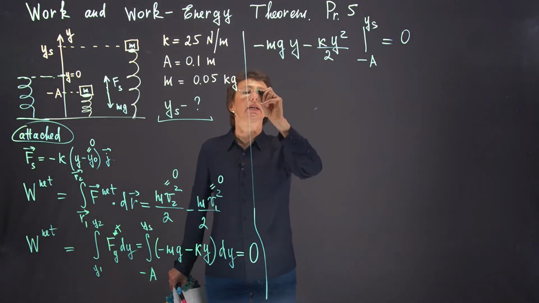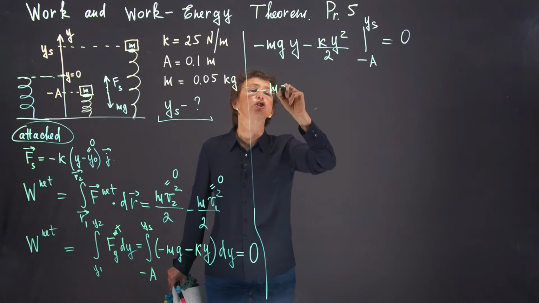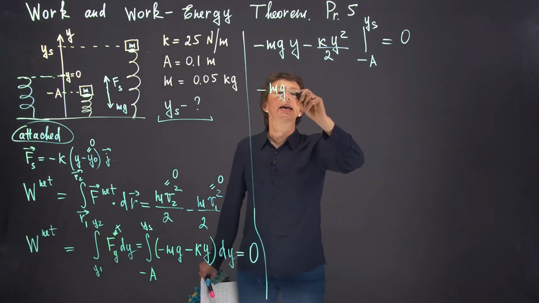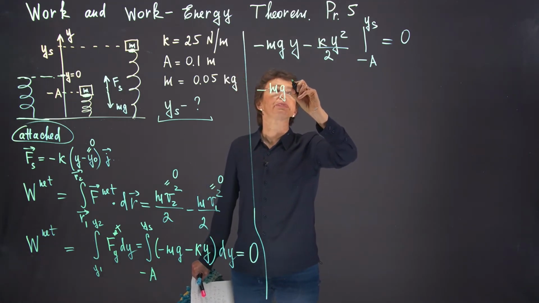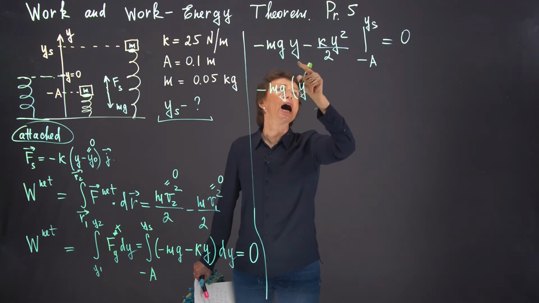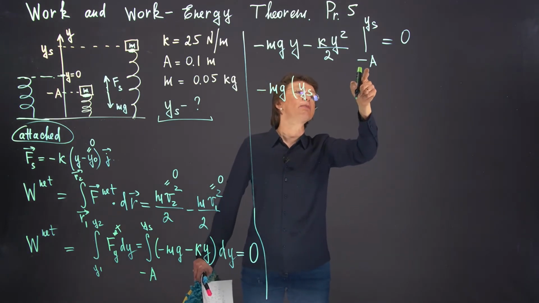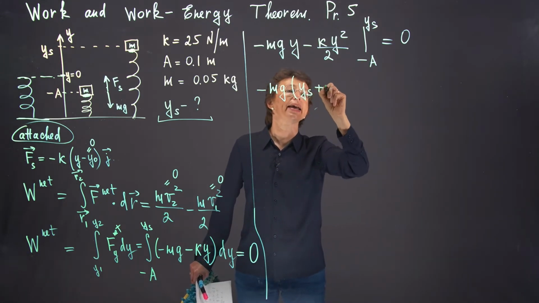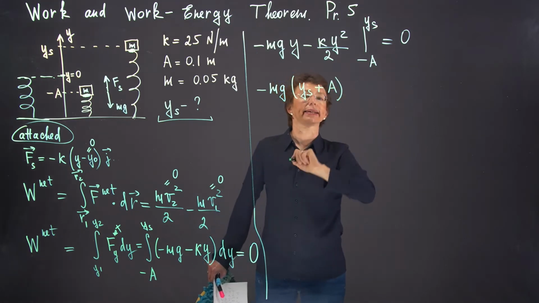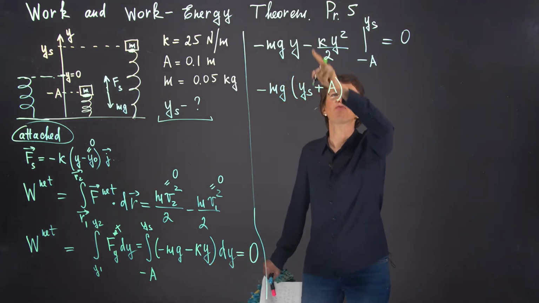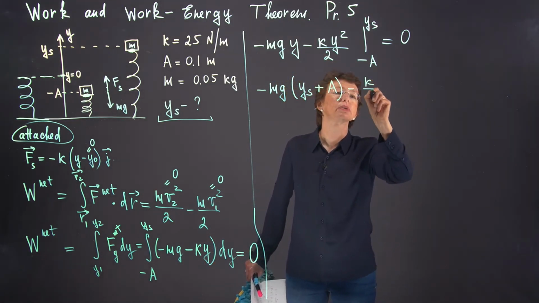Upper limit gives me minus mg, and then in parentheses, I have ys minus lower limit, and minus. So ys plus a here. And then I have minus k over 2.